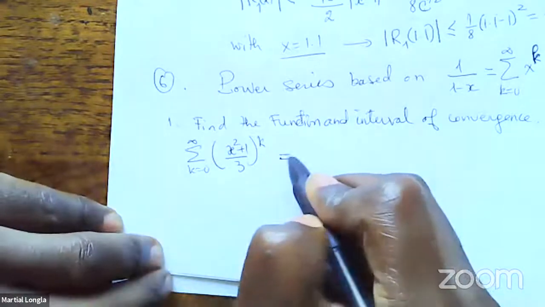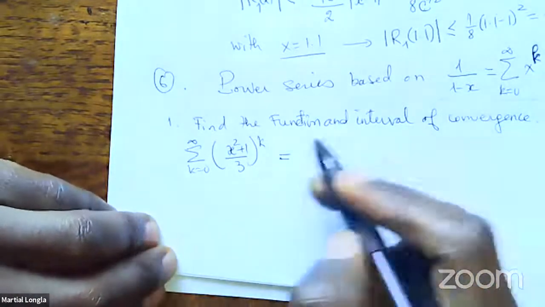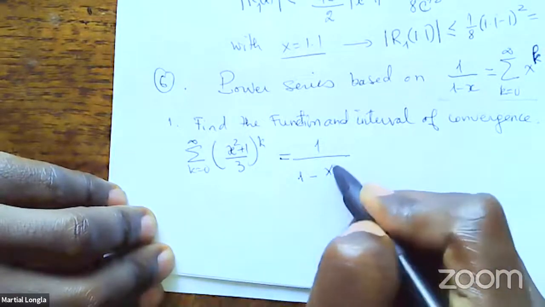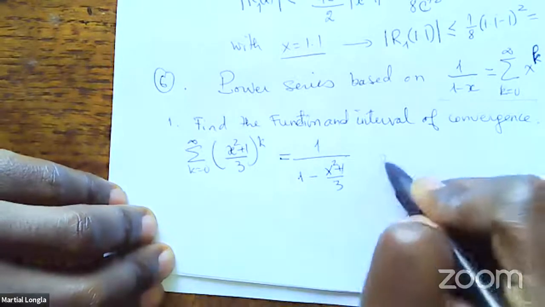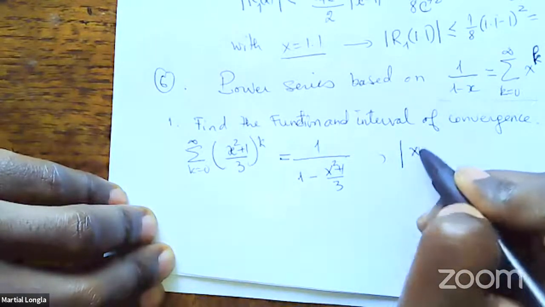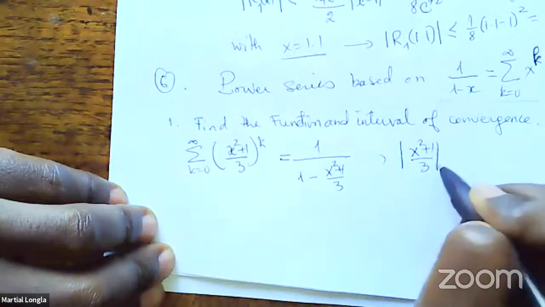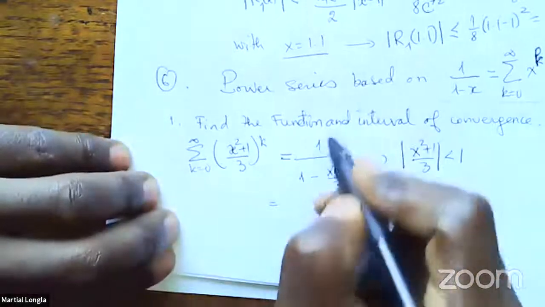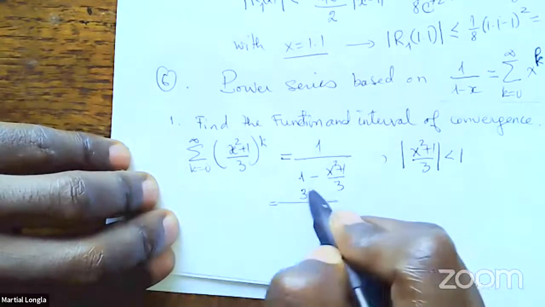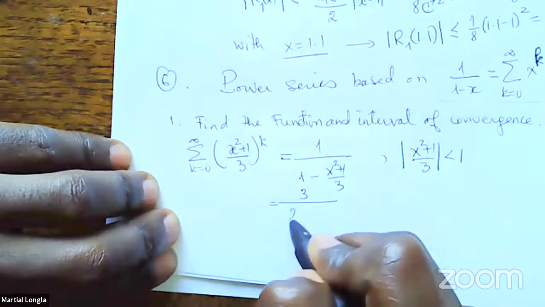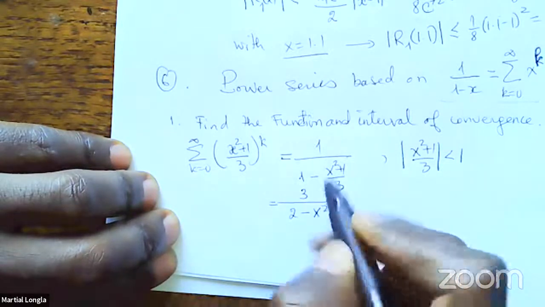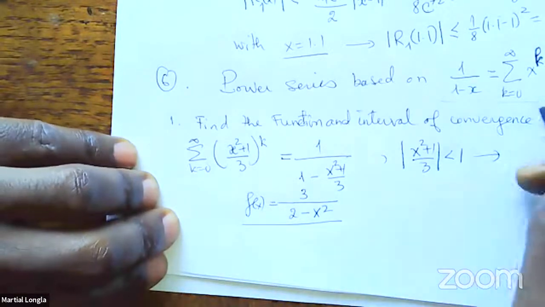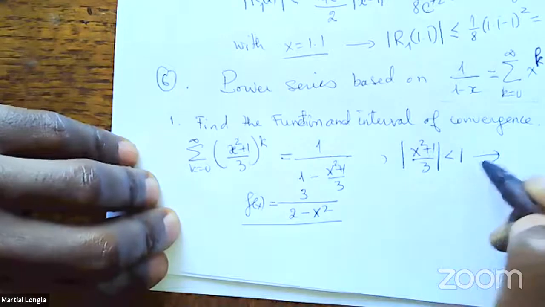And so by this rule, this is equal to 1 over 1 minus x squared plus 1 over 3, when the absolute value of x squared plus 1 over 3 is less than 1. So the function you get, and the 3 goes up, you get 3 minus 1, that is 2 minus x squared, so that's f of x. And then here, you solve this, because x squared plus 1 over 3 is always positive.